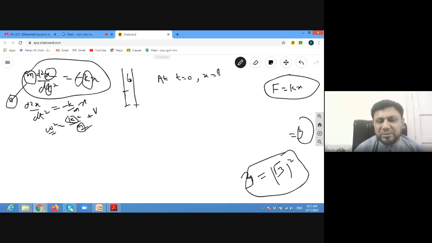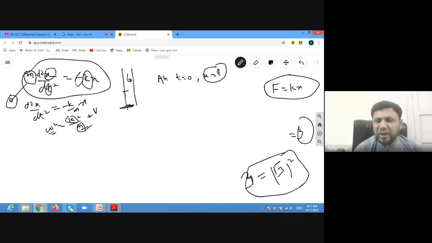Now, when the experiment started, the mass is here, the spring is here. When the experiment starts, its length is 8, so it is released from this position.